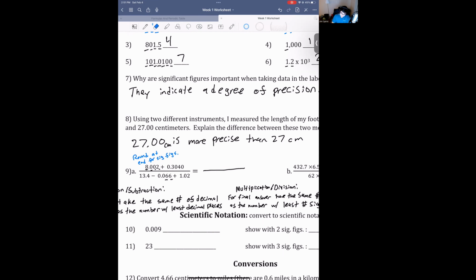What I would do, quite honestly, is just plug this all into the calculator in one step and then round to 2 sig figs here. So you round to 2 sig figs and we should end up getting 0.58.